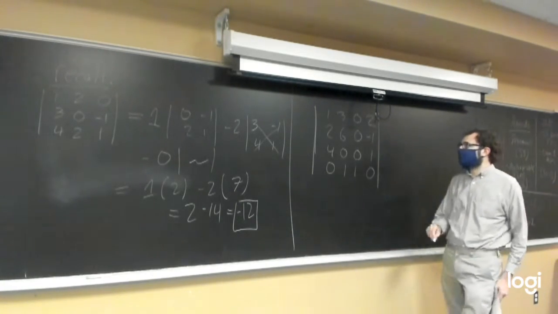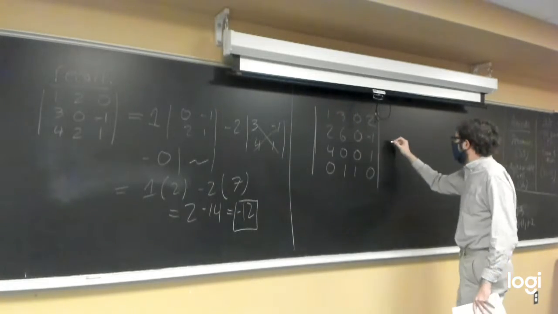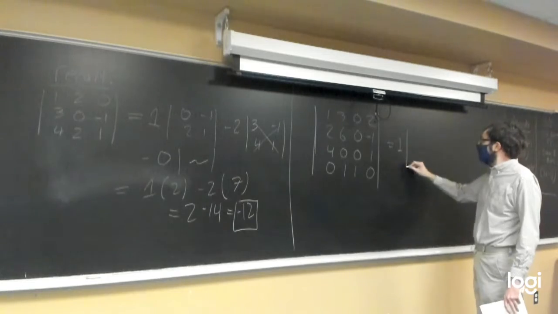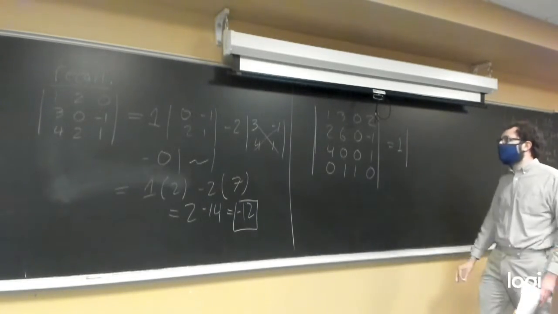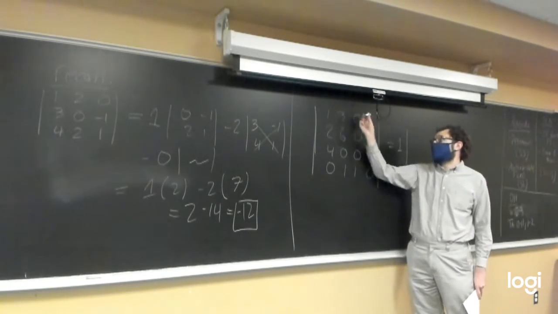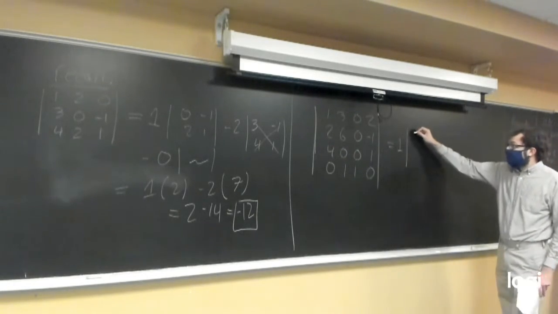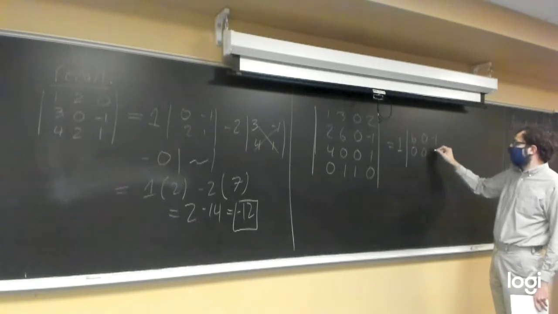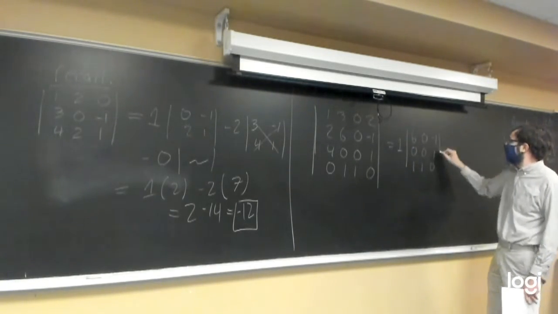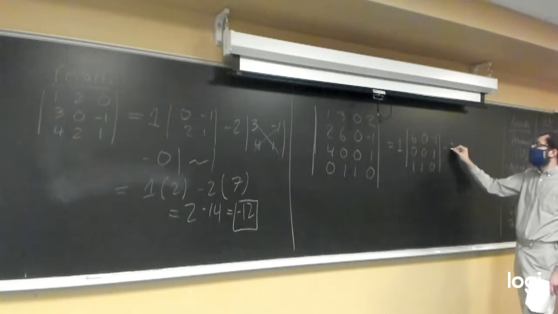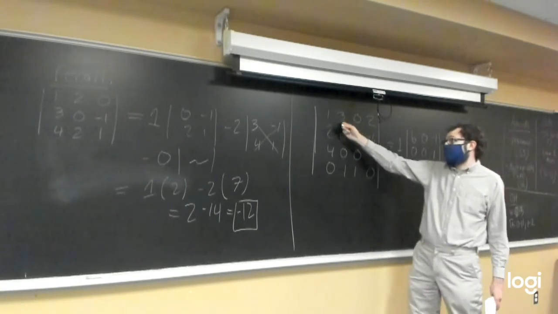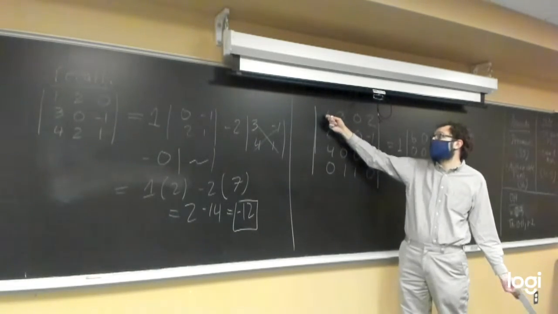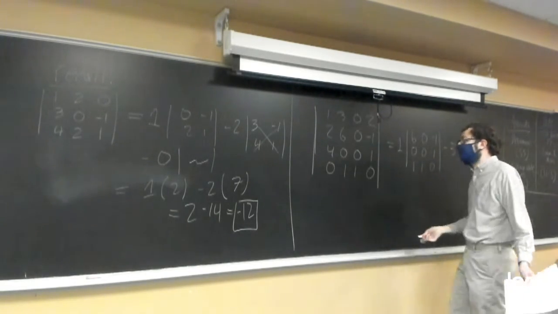You could just work your way along the top row, alternating between positive and negative, and take positive 1 times the 3 by 3 determinant we would get if we removed the top row, left column. So it'll be 6, 0, -1, 0, 0, 1, 1, 1, 0, minus 3, going along the top row, times the determinant of what's left if we remove top row, second column.